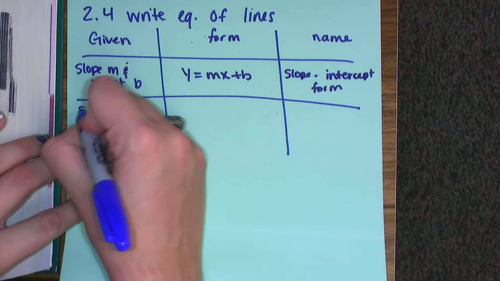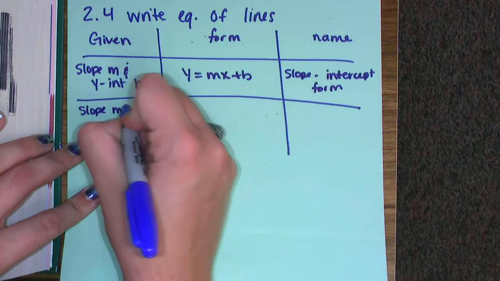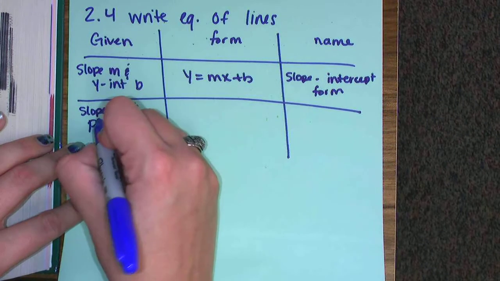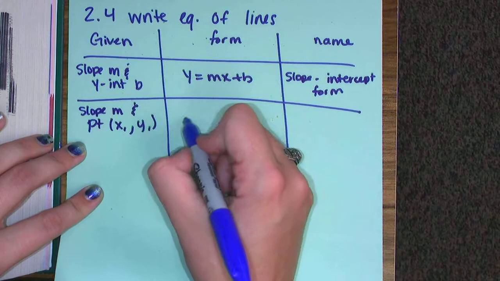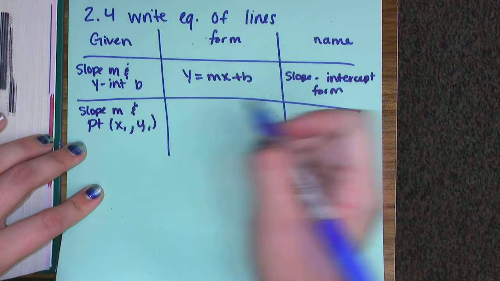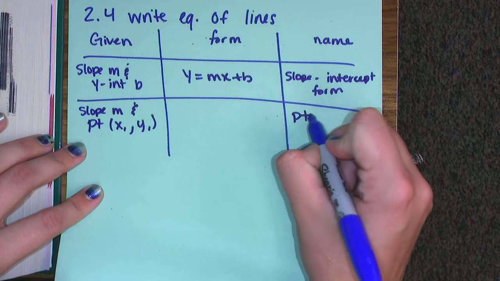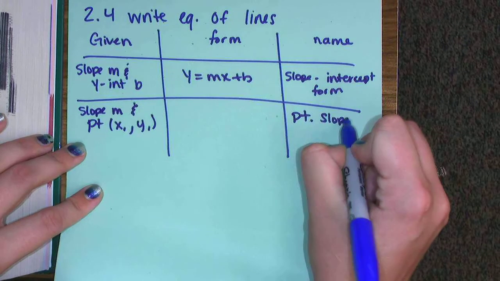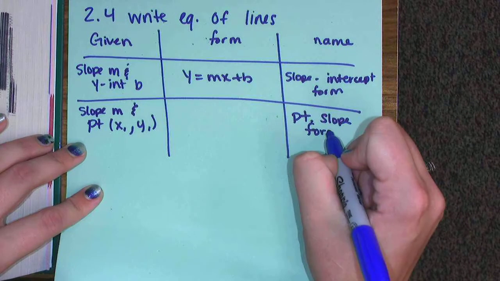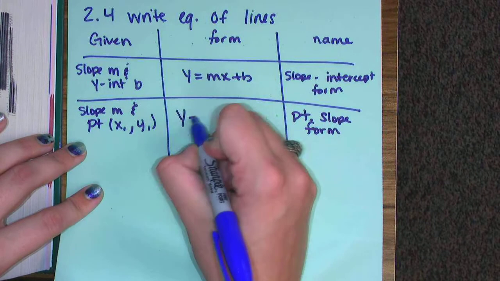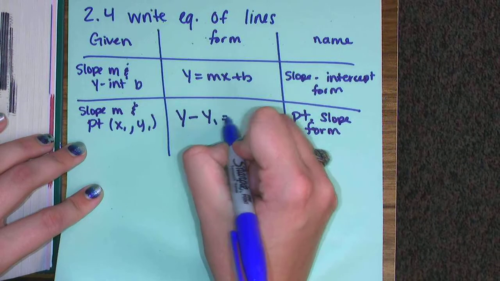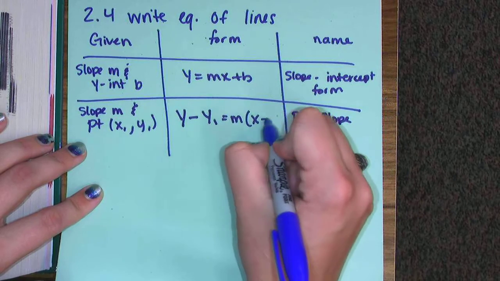Okay, if you're given a slope m and the point x1, y1, then we use what we call, let me go ahead and write this, point slope form. I just wrote PT for point, just to simplify things down here. But this is y minus y1 is equal to m times x minus x1.